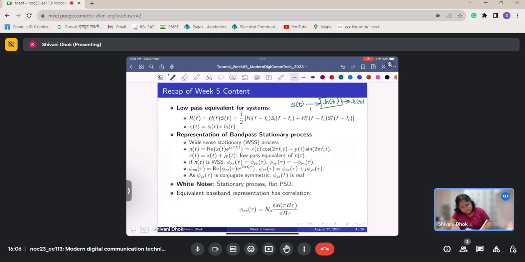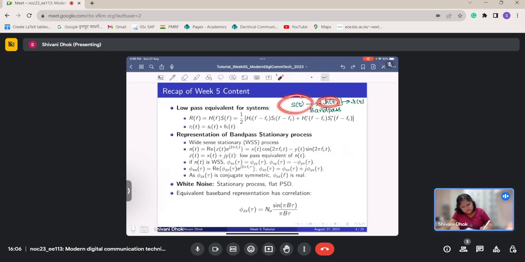So this is a band pass system, and we saw that this s(t) is also band pass.